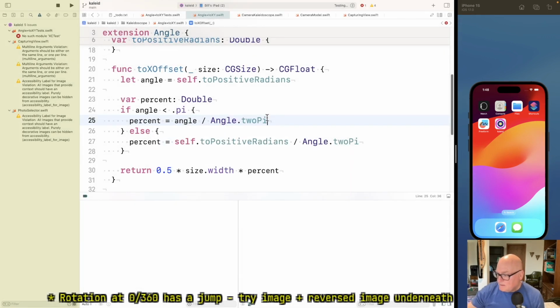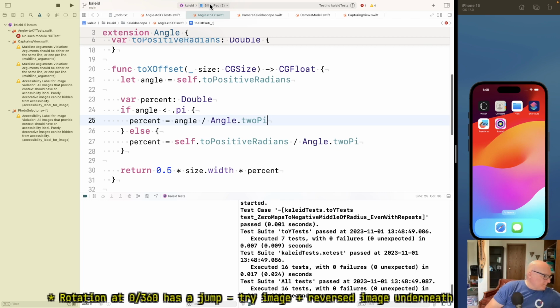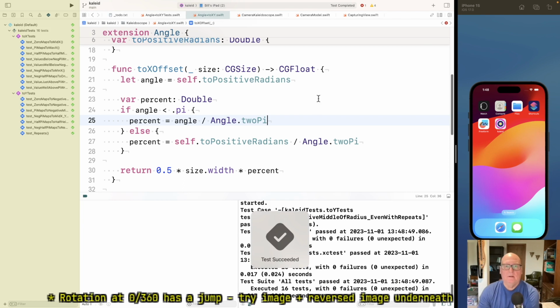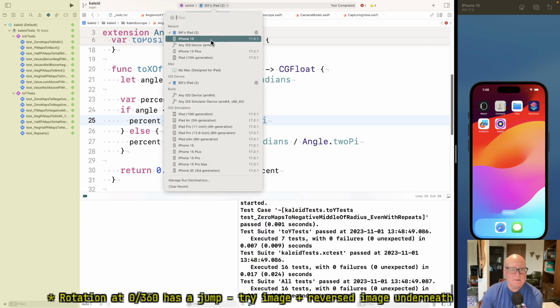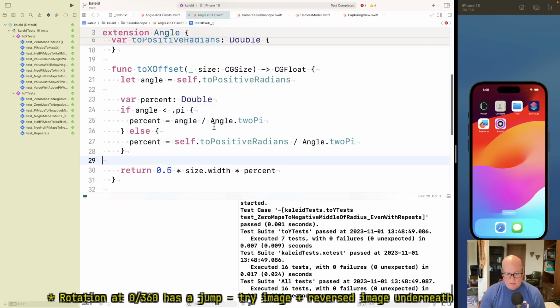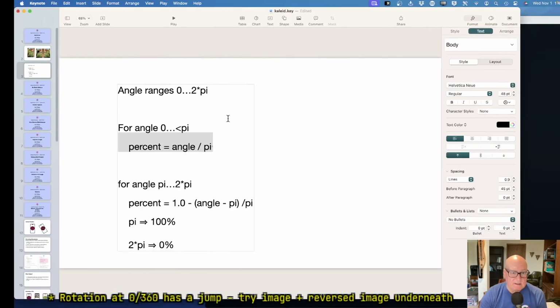Forgot I was testing on the tablet. All right, and let's switch to this. All right, so that seems fine.